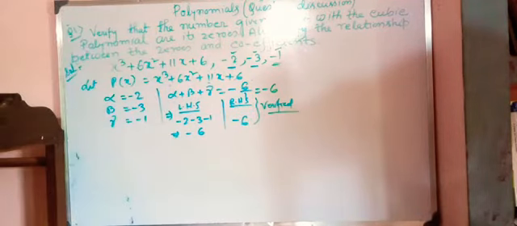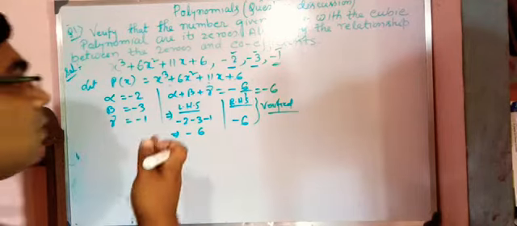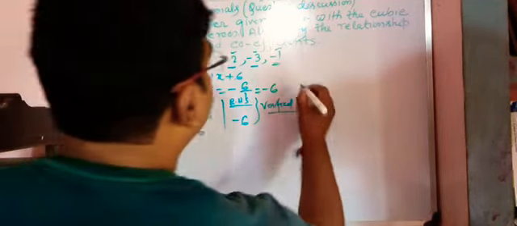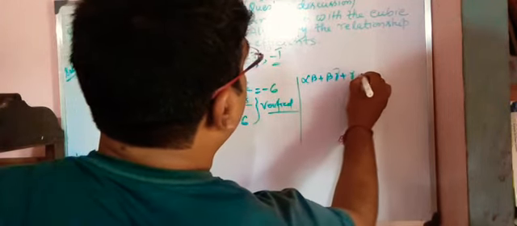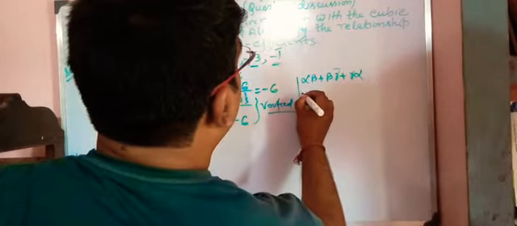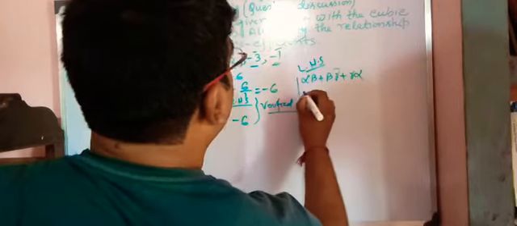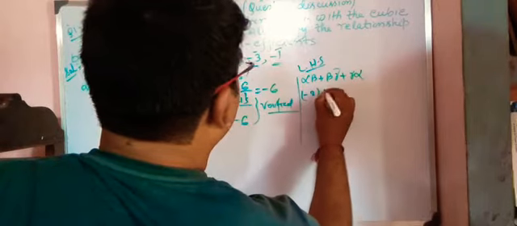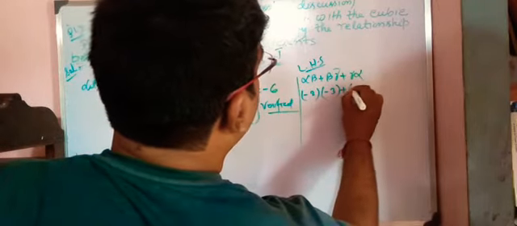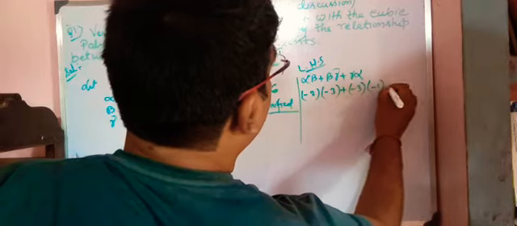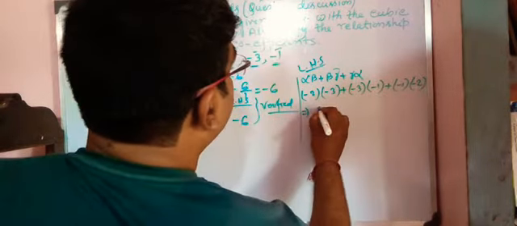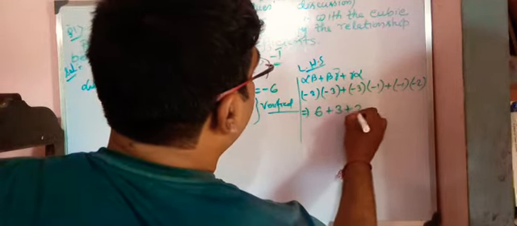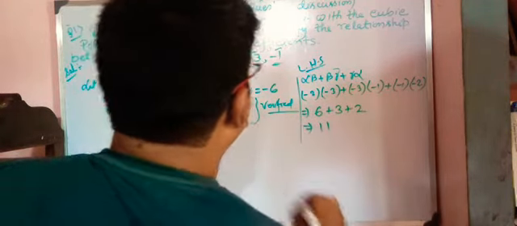This is the sum of the roots. Next, the sum of the products of the roots taken two at a time, that means alpha beta plus beta gamma plus gamma alpha. So this is my LHS, that means (-2) into (-3) plus (-3) into (-1) plus (-1) into (-2), that implies 6 plus 3 plus 2, that is 11.